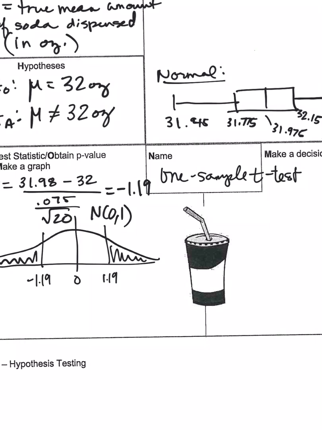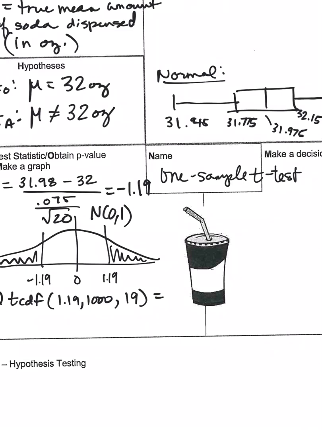So to find our tcdf, this will be our p-value, won't it? This is only going to give us what? One end, isn't it? So to find the p-value, what do we do? 2 times that. So let's be careful and make sure we write that in. It's going to be twice tcdf, where we go from 1.19 to one really big number, and degree of freedom is 19, isn't it?